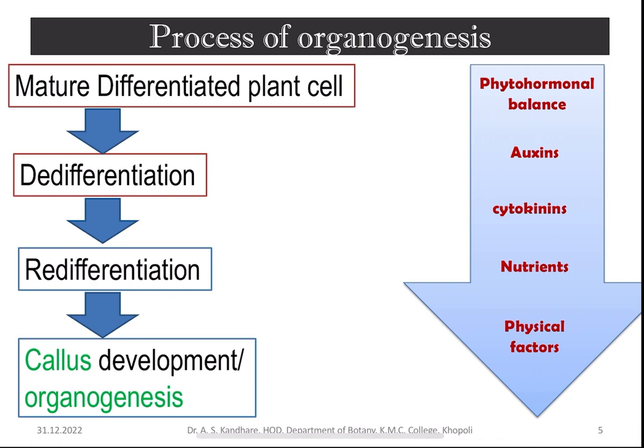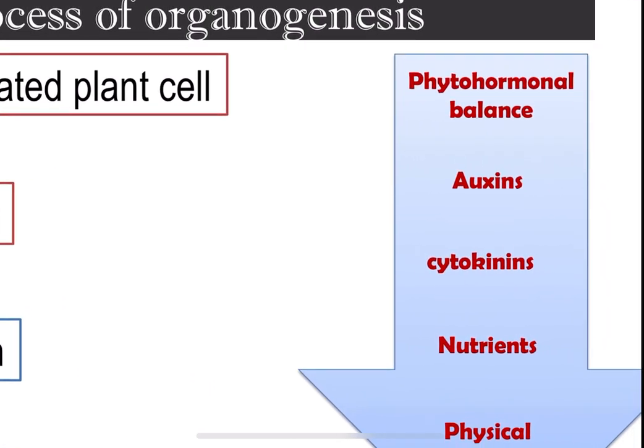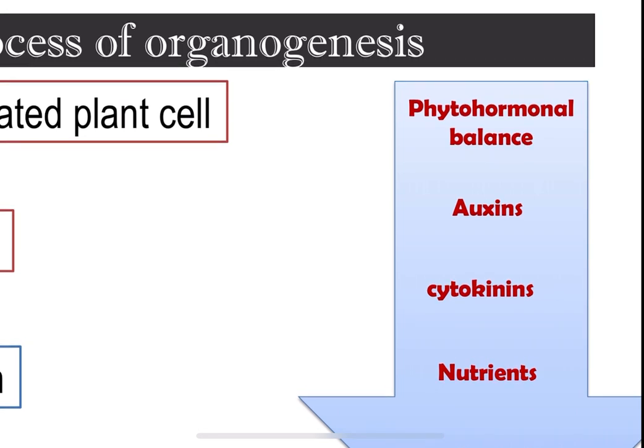Now here you can see this is the arrow, and this arrow indicates the important things that are required for organogenesis. So first of all you can see here phytohormonal balance. This phytohormonal balance is very, very important because phytohormones play a vital role in PTC, that is plant tissue culture.